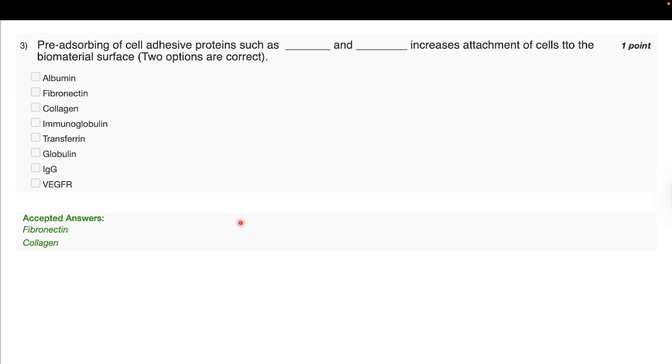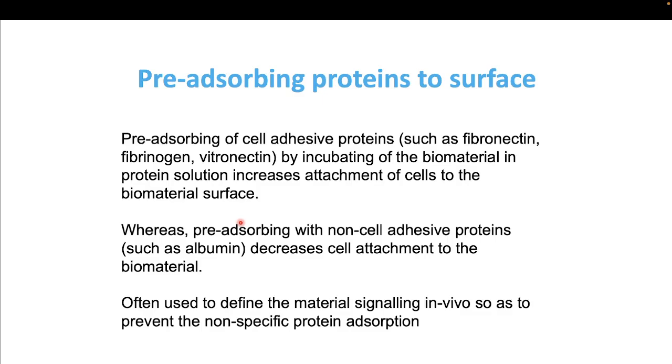Fibronectin and collagen. So I was talking in the introductory slide, right, that this phenomenon of protein absorption to the surface could be of great advantage to us if we want a lot of cell integration to happen with our biomaterial.